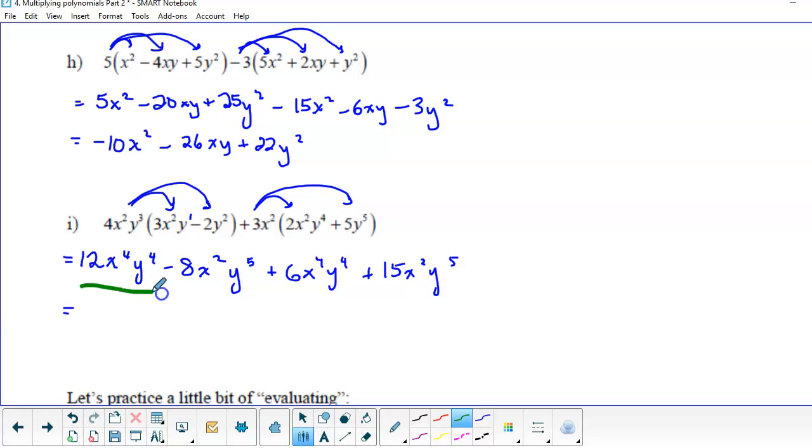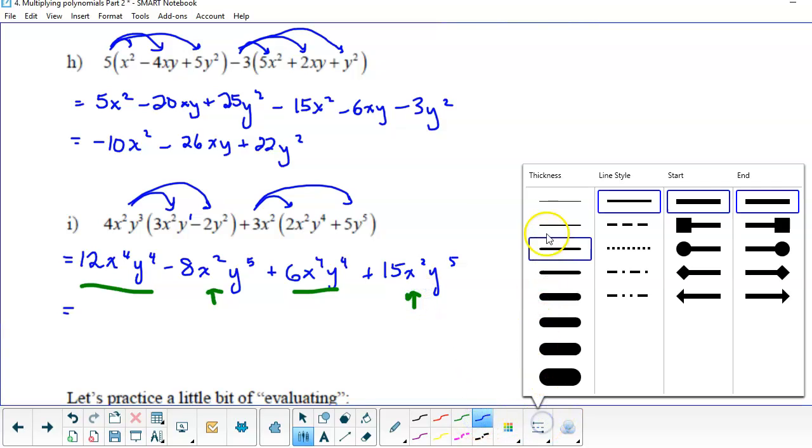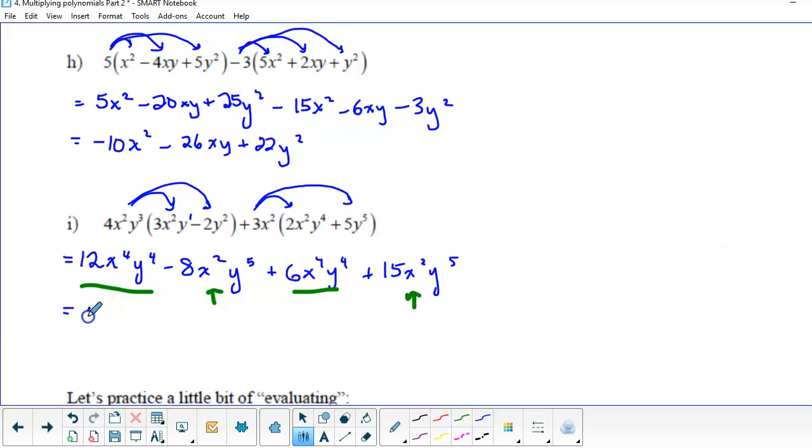So the x to the 4th y to the 4th, and the x squared y to the 5th. So that's going to be 12 plus 6 is 18x to the 4th y to the 4th. Then negative 8 plus 15 is 7. So plus 7x squared y to the 5th.